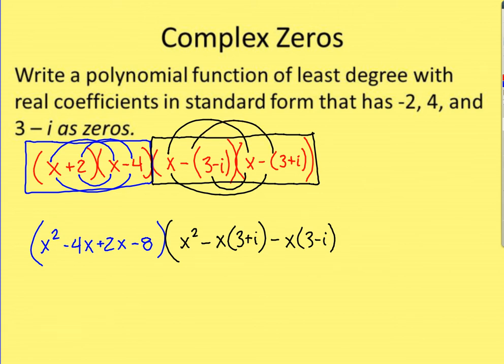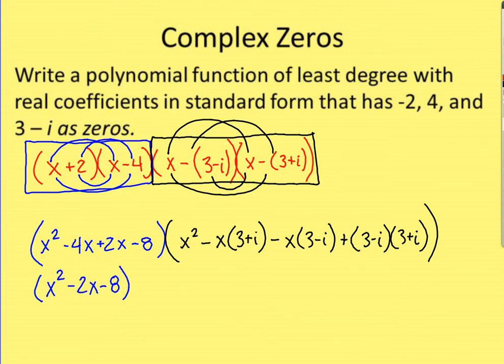And last, negative times negative gives us a positive, 3 minus i times 3 plus i. In the blue box, we can combine like terms. Inside the black parentheses, we're going to need to distribute and FOIL again.